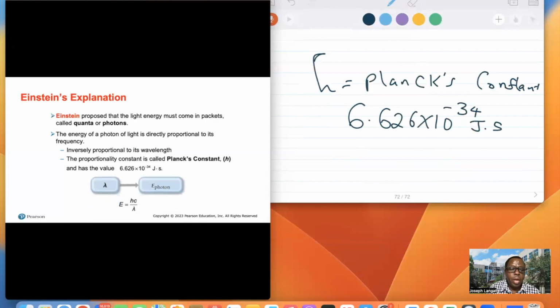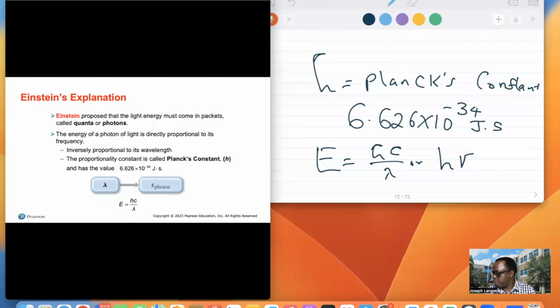So that now the energy of a photon is E equals H C over wavelength, or H V. Remember, this is frequency.